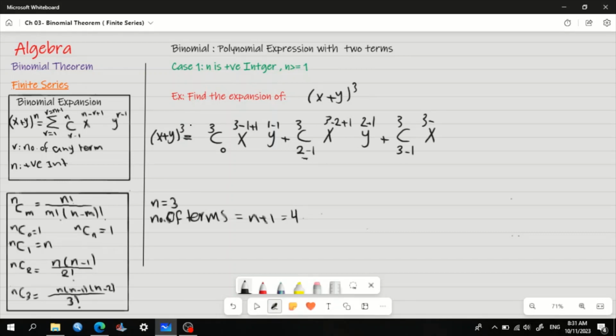So here 3 minus 3 plus 1, and y to the power r minus 1, plus the last term, the fourth term, 3 combination 4 minus 1, x here to the power 3 minus 4 plus 1, and y here to the power 4 minus 1.